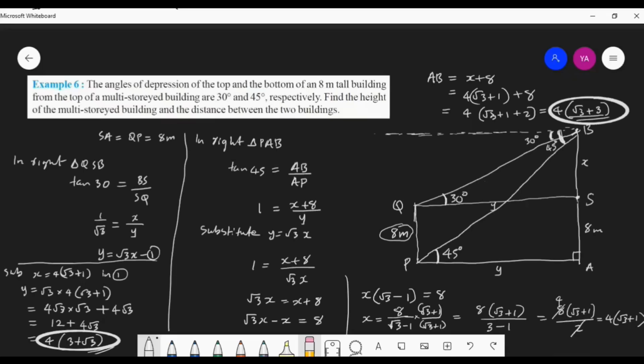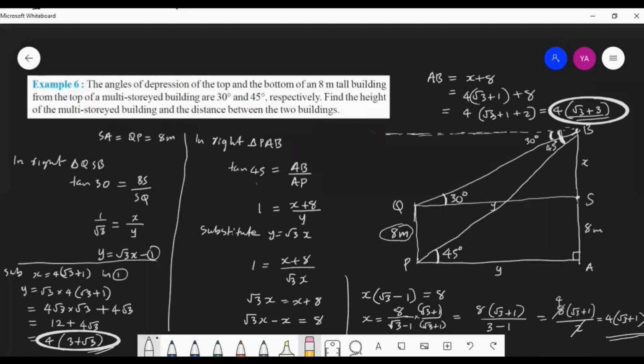From the first right triangle, we got y is equal to root 3 plus root 3 x, and from the second right triangle, we got 1 is equal to x plus 8 by y. We substituted this value of y, and finally reached x is equal to 4 into root 3 plus 1. We substituted this value of x in equation 1 and got y is equal to 4 into 3 plus root 3.